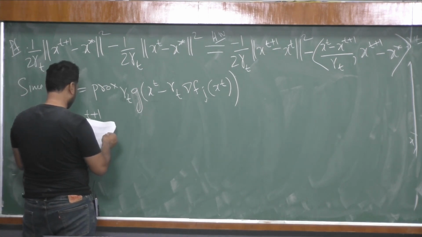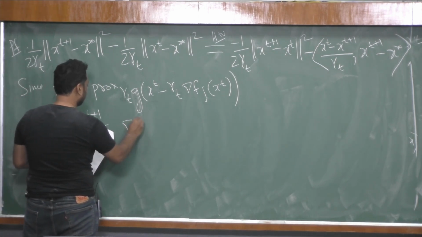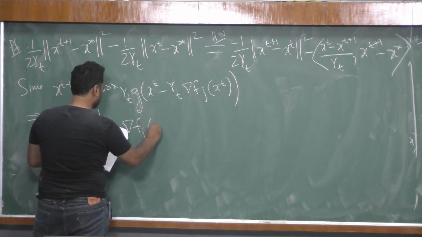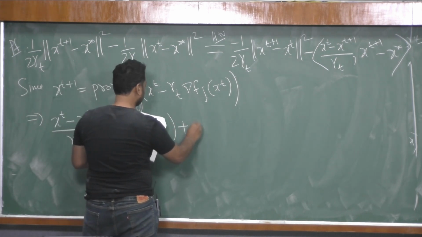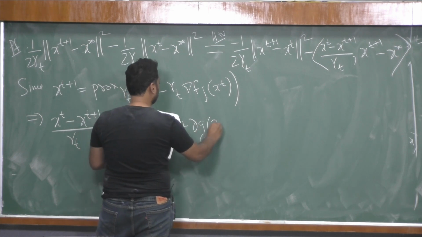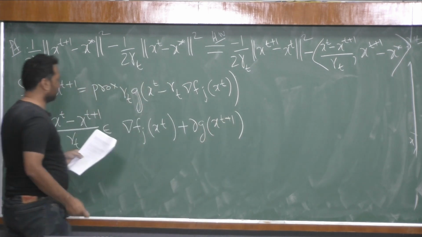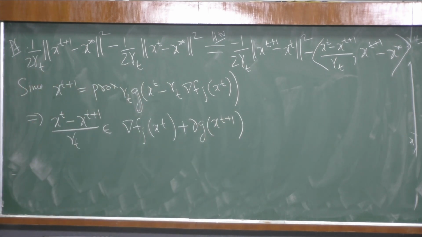I will not do this again; this was exactly in the last class. How we play around with subdifferentials is called subdifferential calculus, and we have done this in the beginning classes as well.